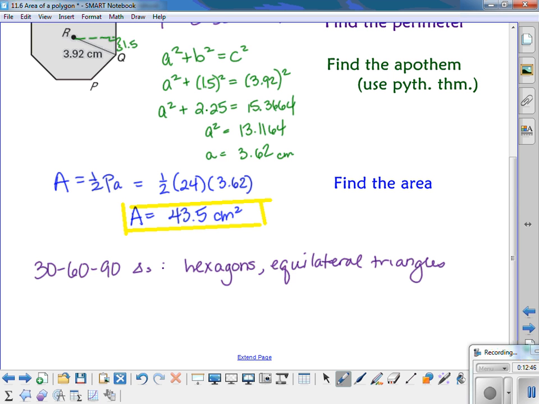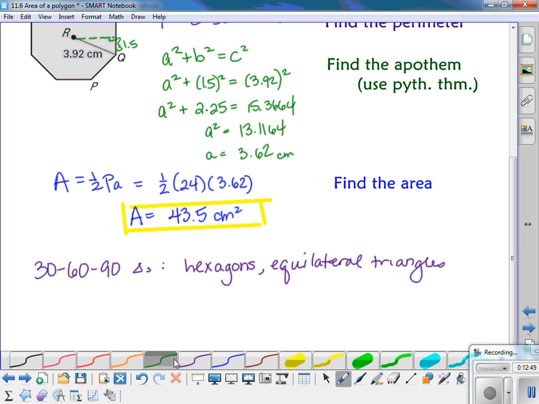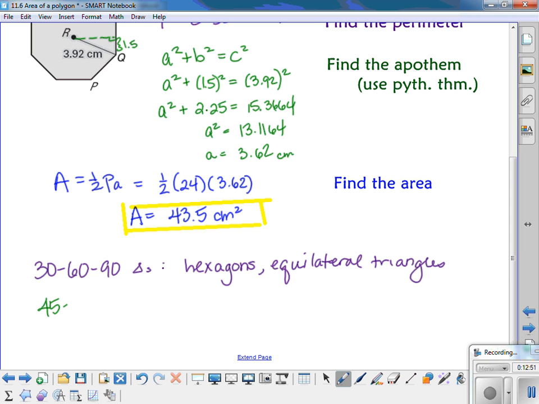And then you're also going to run into 45, 45, 90 triangles when you're finding the area of a square. So that's just something to keep in mind.